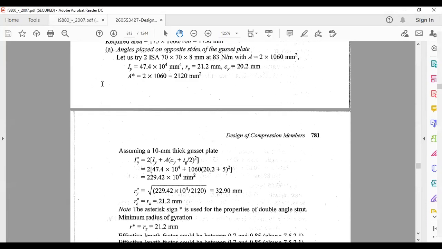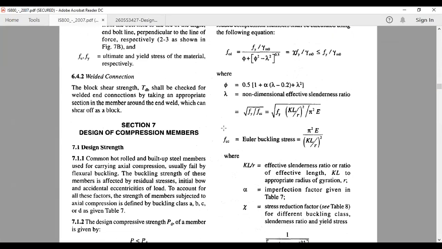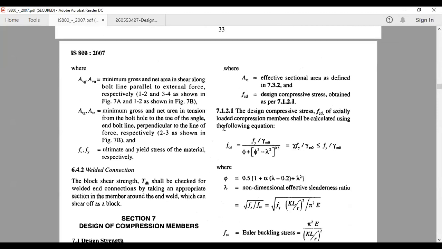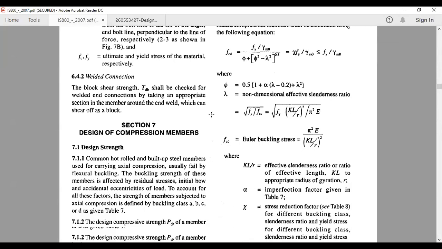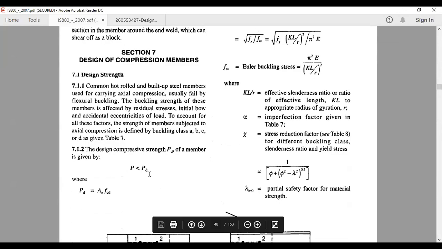Okay, so this is the compression member design. What you have here is the strength under compression. This is PD. That PD is expressed as the effective area into FCD, the design permissible stress in compression.